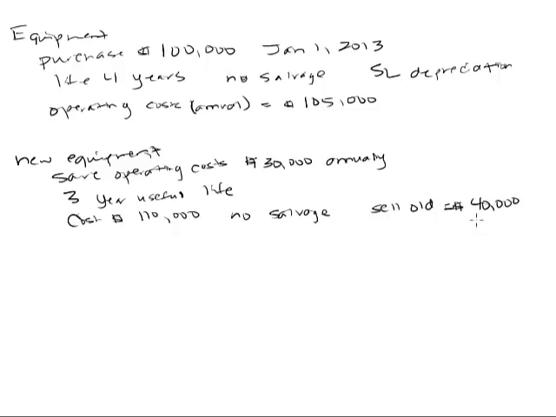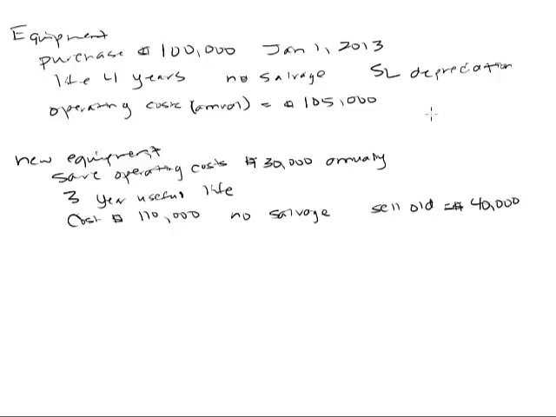So if we're going to sell the old one for $40,000, if we're considering replacing it, well, we've got $75,000 and $40,000. So we're getting a loss there, right? $35,000 loss. You don't consider that. You do not consider the book value when you look at incremental analysis for equipment or capital assets like this, fixed assets, because the book value is a sunk cost.